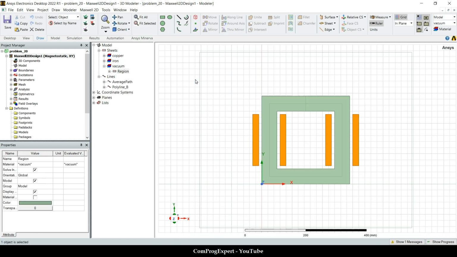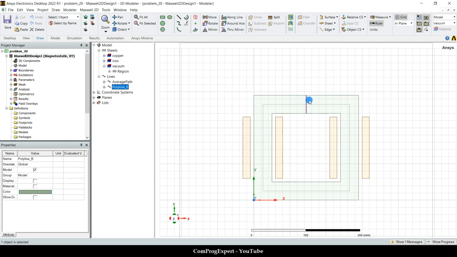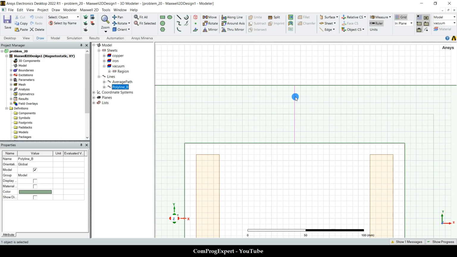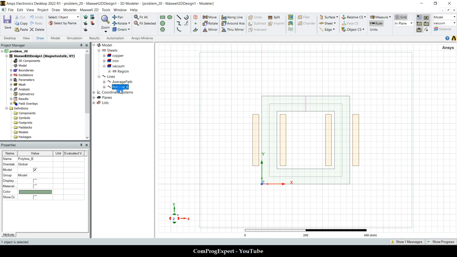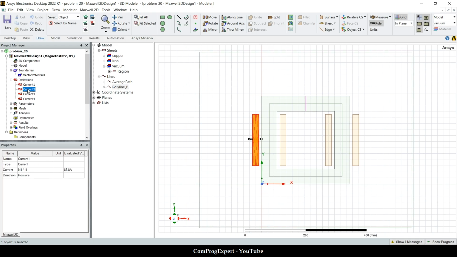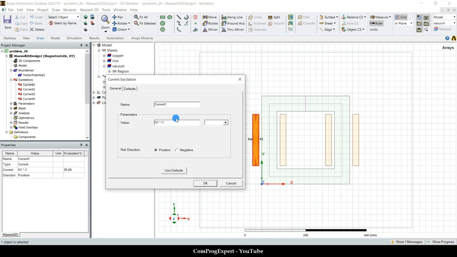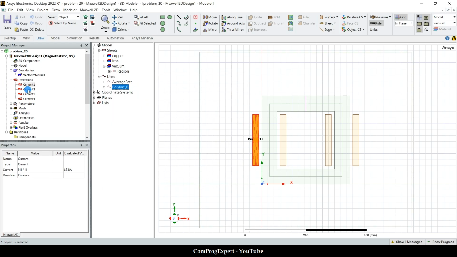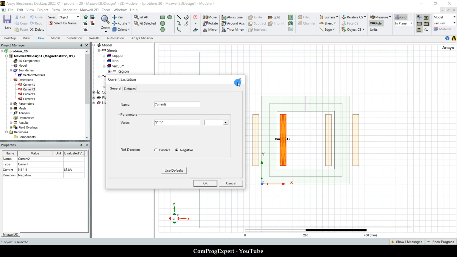We have this polyline B here just to plot the flux density vectors on this line. That's all. We have this boundary condition. We have this current. This is N1I1, N1I1.